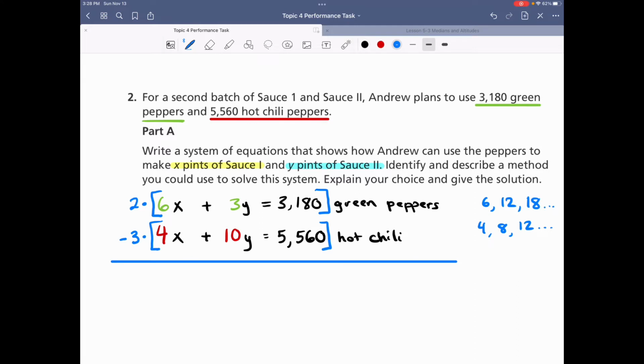So you're going to do this in your problem. And I'll pause it so that way you have time to first write down your equations, and then we'll come around to help you figure out how to solve this using elimination. And on your poster, instead of writing this, explain your choice and give the solution, you can just say part A, elimination.